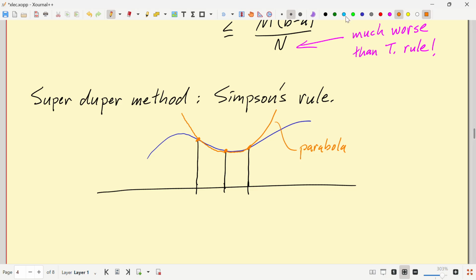Okay, so you need an even partition. So you can do those 3 points like that, and you approximate by the parabola, and you can find the exact area under the parabola and write a formula for it, and you get Simpson's rule. And it turns out that Simpson's rule converges much faster, so I'll let you read about it in 7.5.